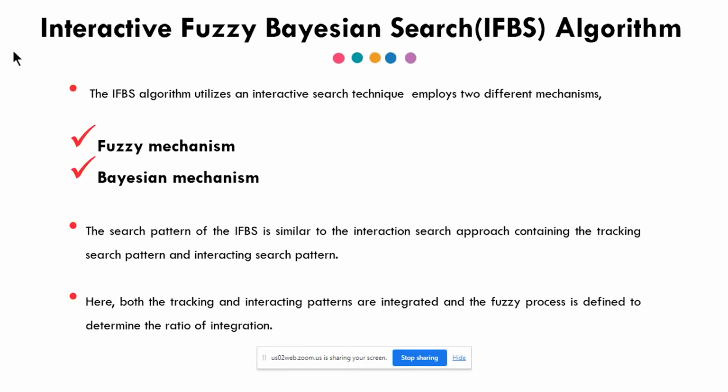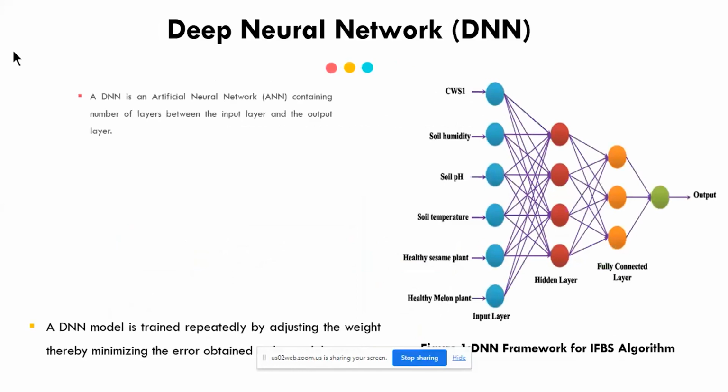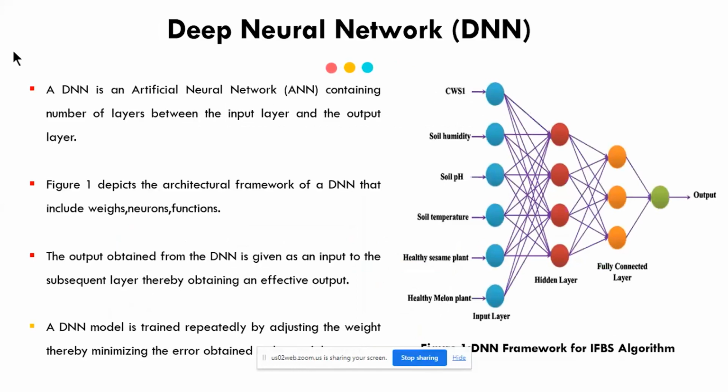This interactive IFBS algorithm forms both the search pattern and the interactive search pattern. In the field, we are using both the tracking mechanism and the interactive mechanism using this Bayesian search. Next, how is the deep neural network involved in this algorithm? DNN is nothing but an artificial neural network.